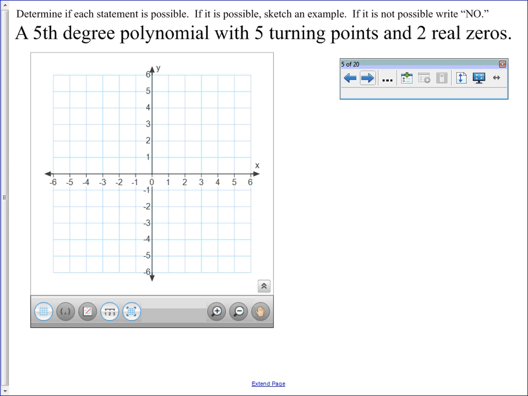A fifth degree polynomial with 5 turning points and exactly 2 real zeros. Now this one's a little bit like the first one. So start here, there's a turning point. Now what we can do is make our turning point and our zero the same. So now we have 2 zeros. Oh, you know what?